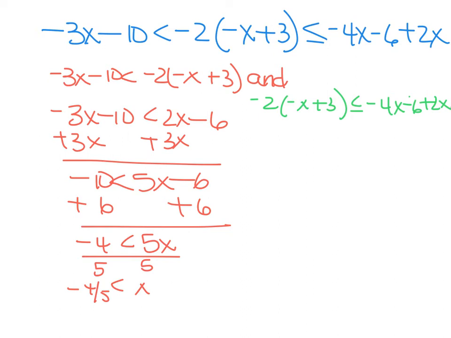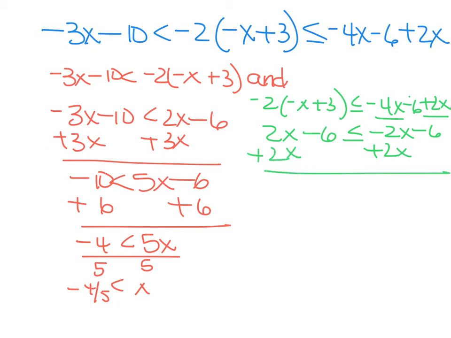Now let's solve the green problem. Again, distributive property, 2x minus 6 is less than or equal to, I'm going to combine my like terms, so negative 2x minus 6. I'm going to add 2x to both sides. I get 4x minus 6 is less than or equal to negative 6.